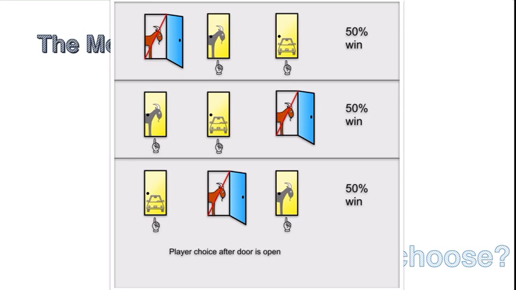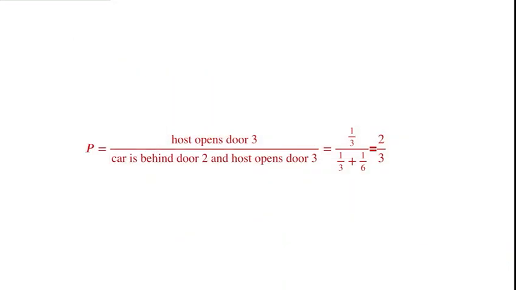By definition, the conditional probability of winning by switching, given the contestant initially picked door number one and the host opens door number three, is the probability for the event car is behind door number two and the host opens door number three, divided by the probability for host opens door number three.